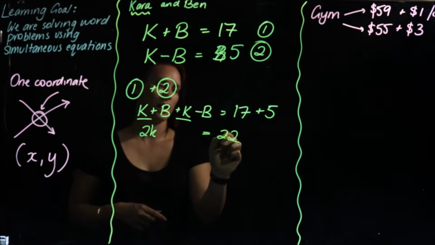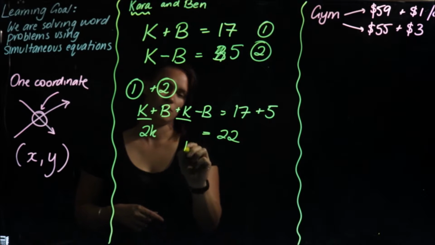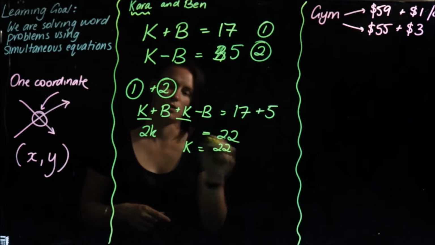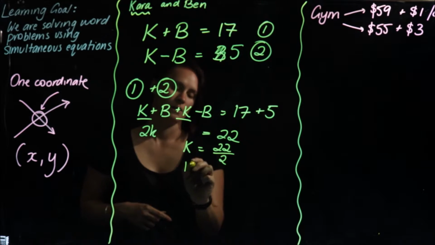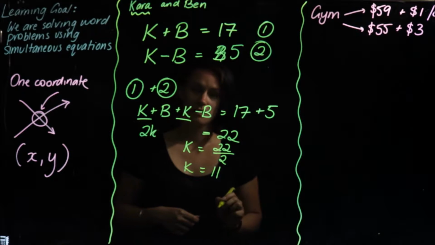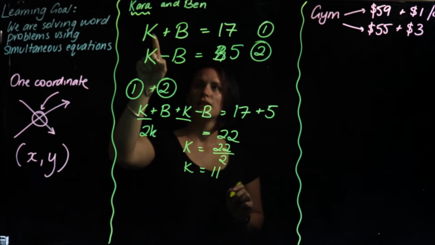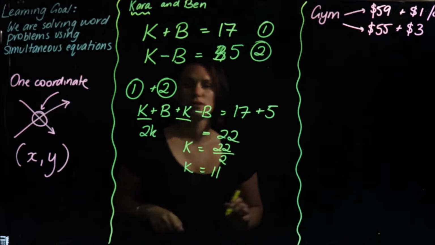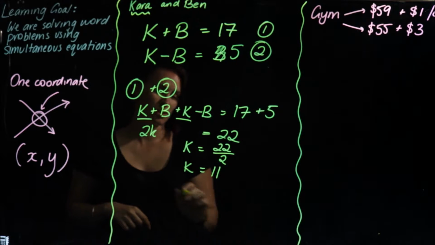So that side is there, and 17 plus 5 gives us 22. So now we have two Caras equals 22, and we know that K on its own will equal 22 divided by 2, which means Cara is 11 years old. Now, if Cara is 11 years old and we know that together they equal 17, then we can find out these two here.